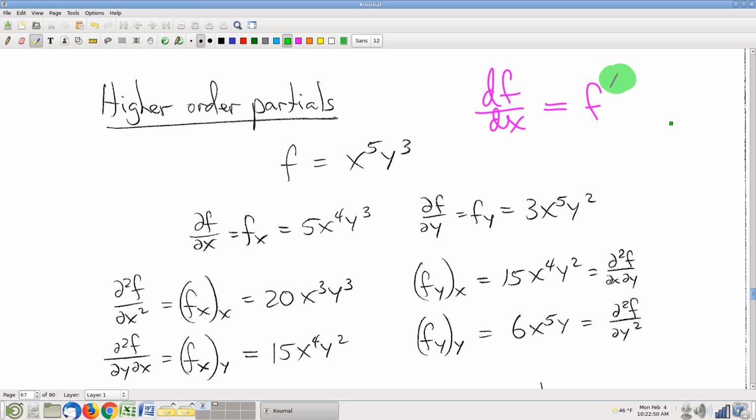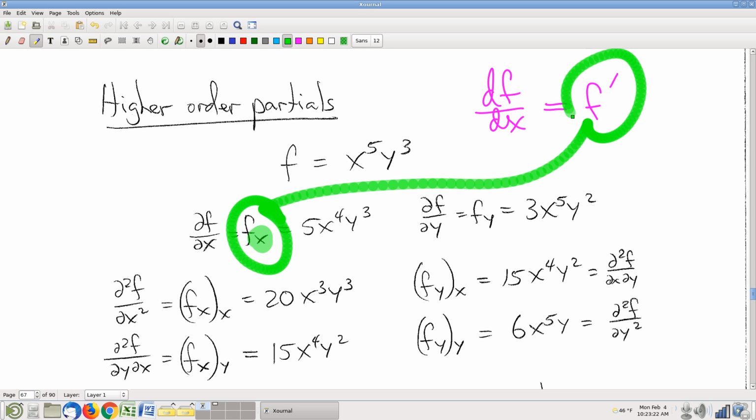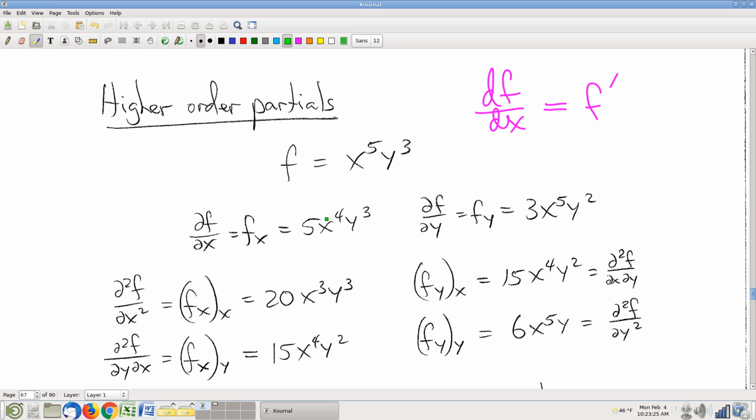Prime is sufficient in that context because there's only one input variable. There's only one variable with respect to which you could possibly mean take the derivative. And of course, in this multivariable context, I could take the partial with respect to x, or I could take the partial with respect to y. So explicitly indicating the variable is necessary. But other than that, it's kind of vaguely Newton-like. Those notations are both used a lot in different contexts.